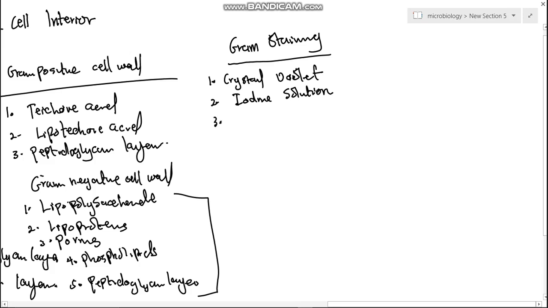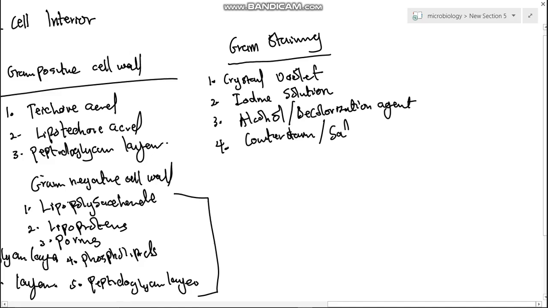Then we have our alcohol or decolorization agent. Then we have our counter stain. In some other books you might see safranin. That is our counter stain. So these are the reagents that we use.